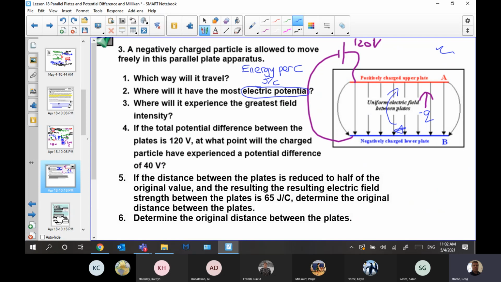So at star, let's say, and the answers are on the next page all worked out, at star it has all its energy as electrical energy, right? And then, of course, it converts to kinetic energy. So picture it slamming into the positive plate with a whole bunch of kinetic energy. The electric potential, energy per coulomb, has transferred into kinetic energy.